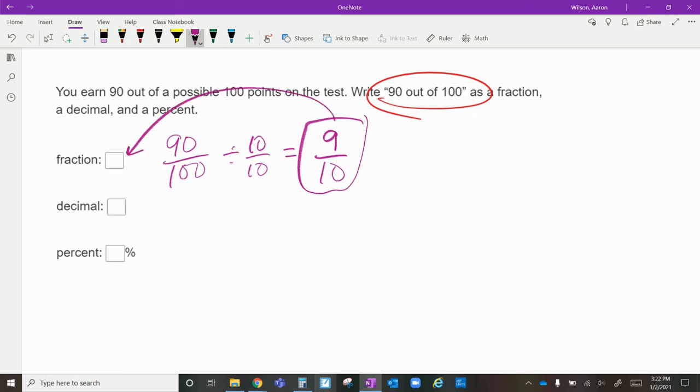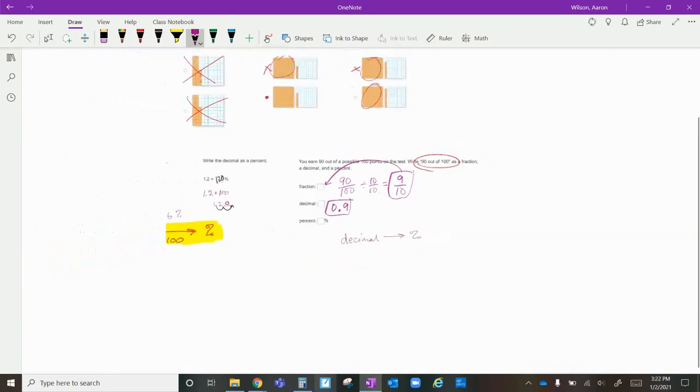Well, if you're reading it 9/10, the decimal form is easy. I'm saying it 9/10. Right there, that's 0.9. And then the percent form, remember, to go from a decimal into a percentage, I'll jump back to that so you can see.